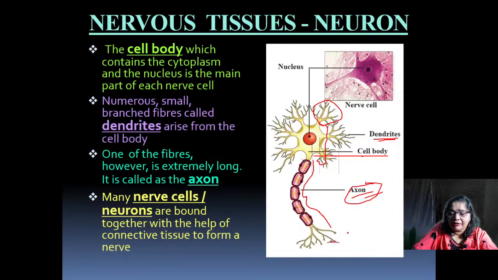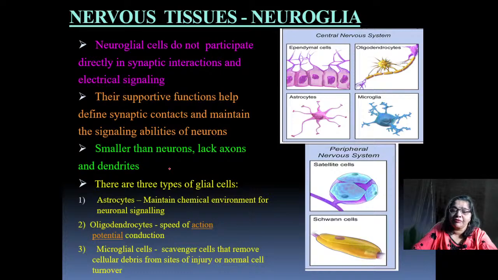So this region is the synapse, and we call that the synaptic interaction, and of course the signaling is electrical in nature. But neuroglial cells do not participate in such functions of the nerve cells.